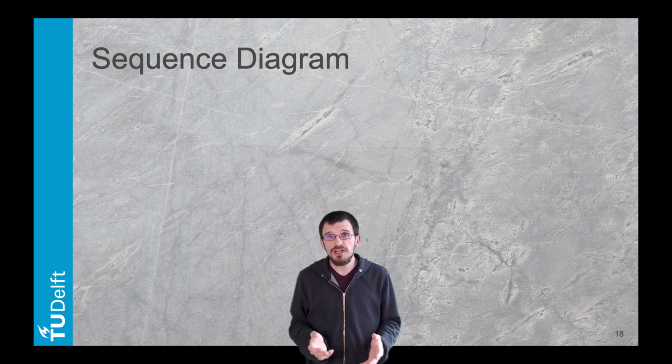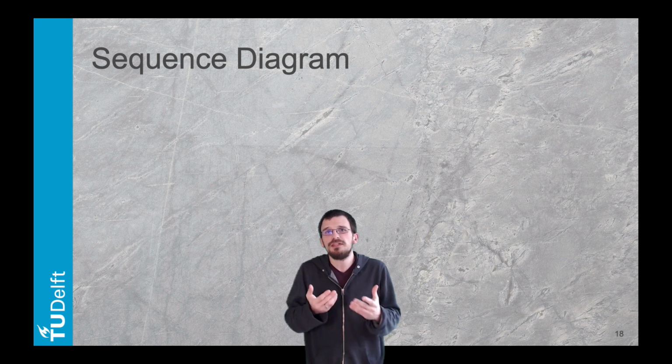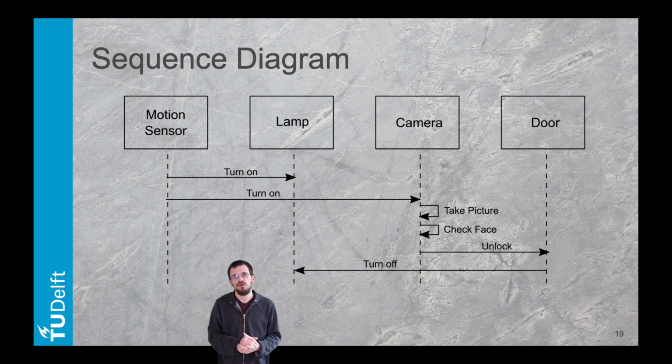Sometimes the challenge lies more in the sequence of actions between the elements of the system rather than the logic itself. For instance, the motion sensor detecting a presence, turning on the light, turning on the camera, sending a picture, etc. The focus is on the sequence of action.